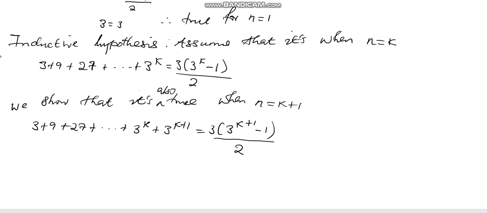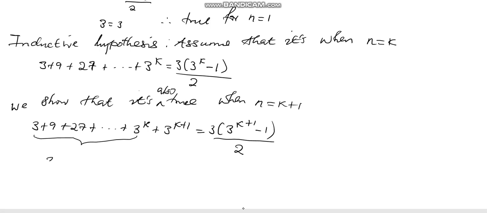So on the left hand side here, if you look at the terms starting from the first term here up to the k term that we have here, from this term up to this term here, you'll notice to say that this gives you the expression that we have on the inductive hypothesis here. So we get the right hand side of the expression that we have on the inductive hypothesis, and we make a substitution there.